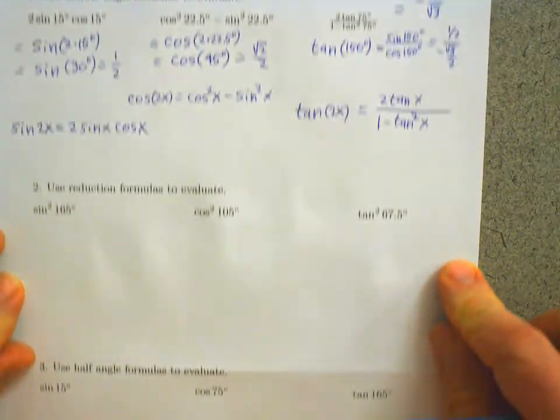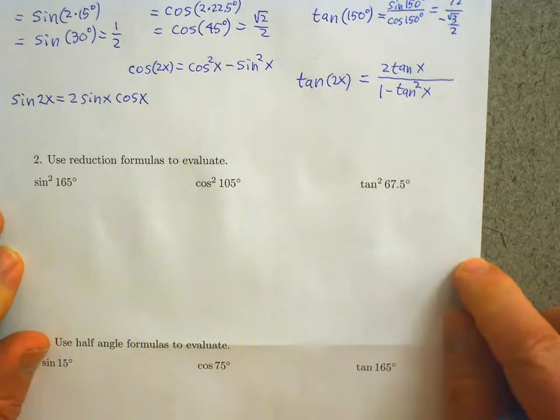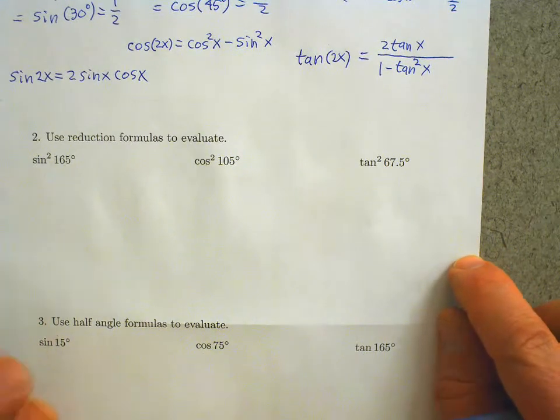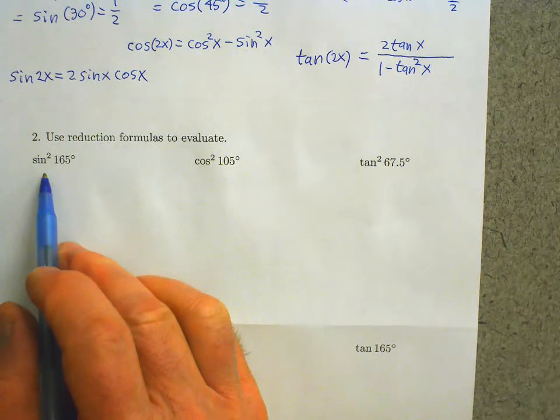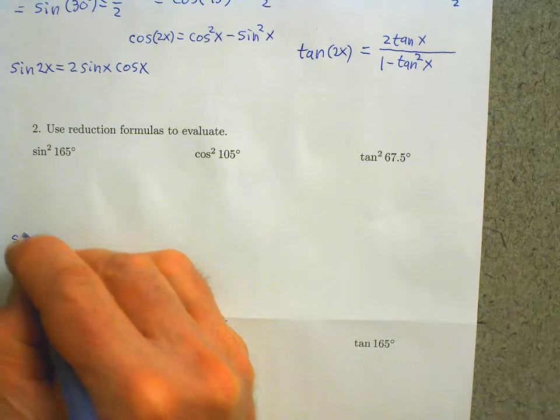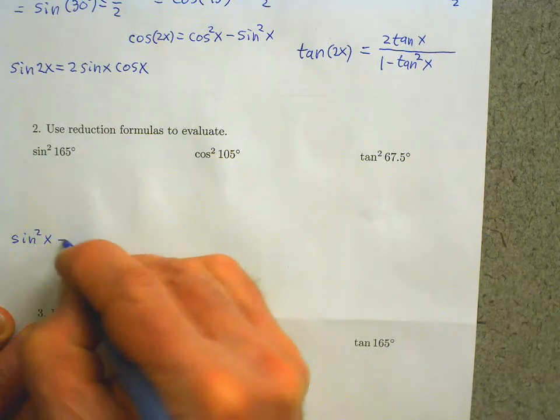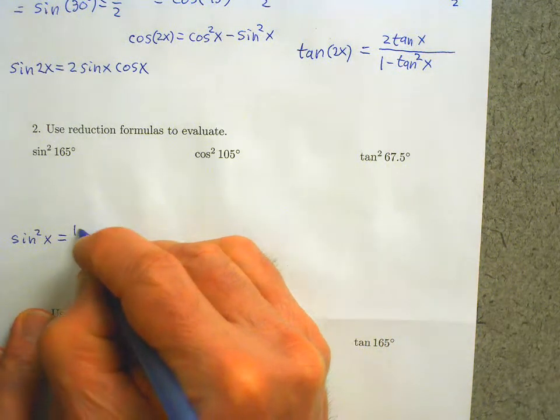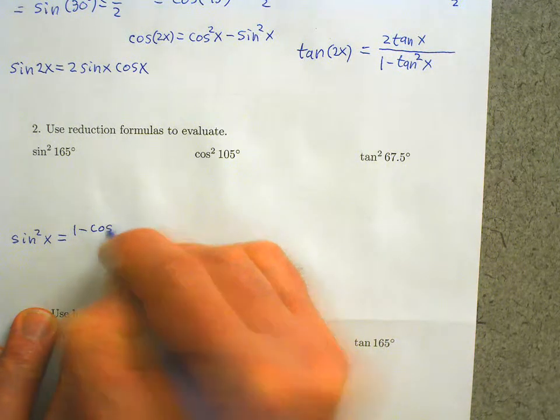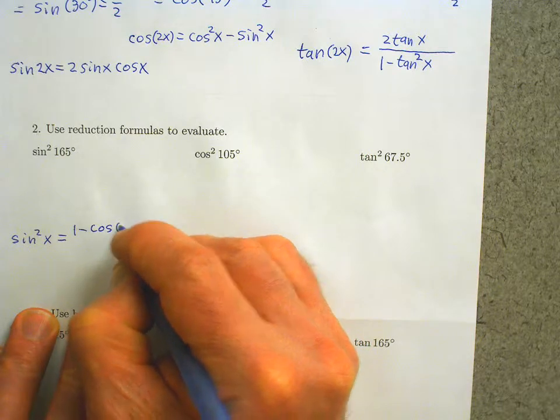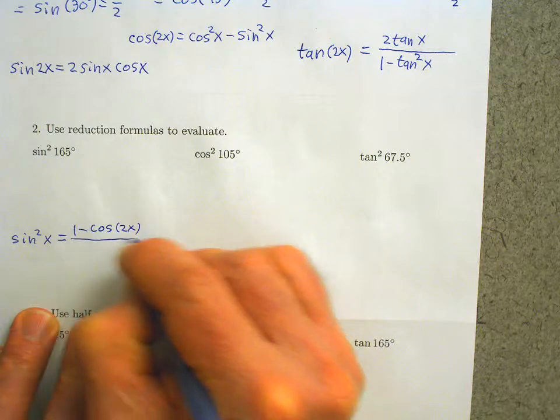Okay, on number 2, use reduction formulas to evaluate. So the reduction formula for sine squared: if we have sine of x squared, we can write that as 1 minus cosine of 2x, divided by 2.